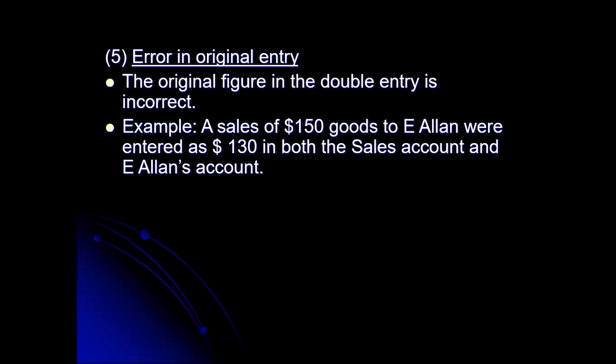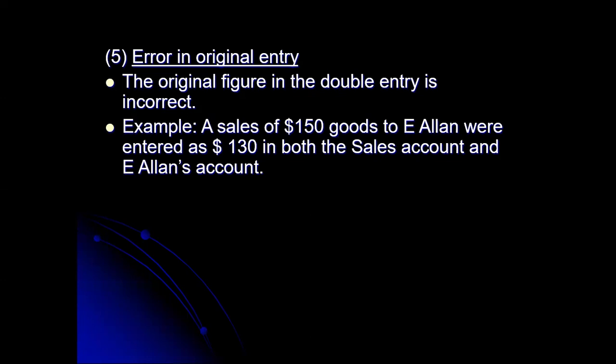So for example, a sale of $150 goods to E. Allen was entered as 130 in both the sales account and Allen's account. So instead of debiting Allen 150 and crediting sales 150, we made a mistake by debiting Allen 130 and crediting sales 130.